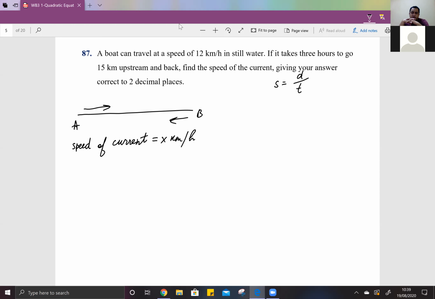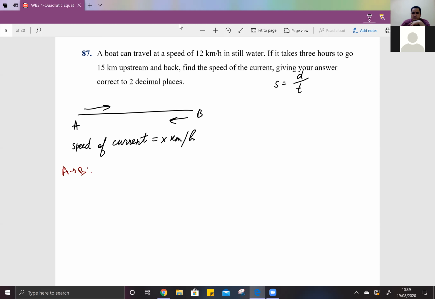Okay. So first, in this question, Amira, can you write the equation for traveling from A to B first? What's our equation for traveling from A to B? Let's just write here on the left-hand side first. Can you write the equation like this?